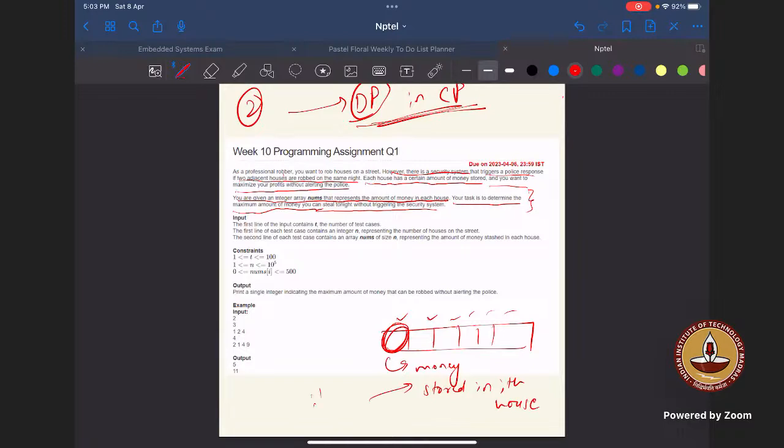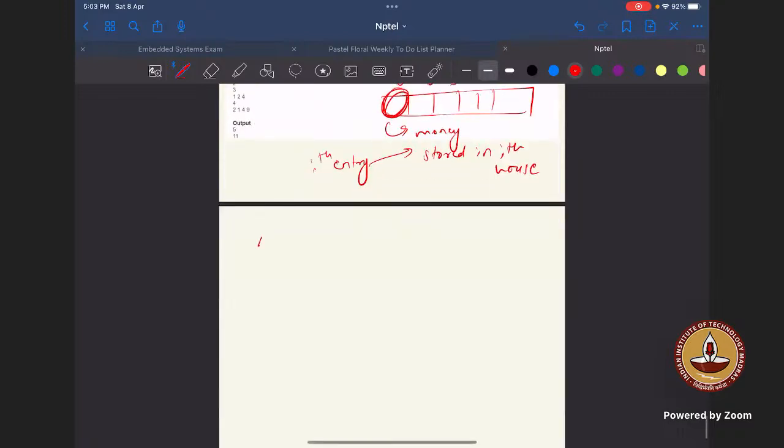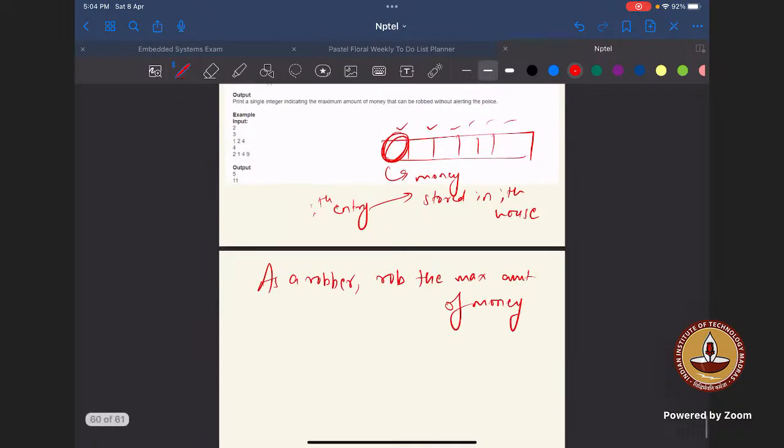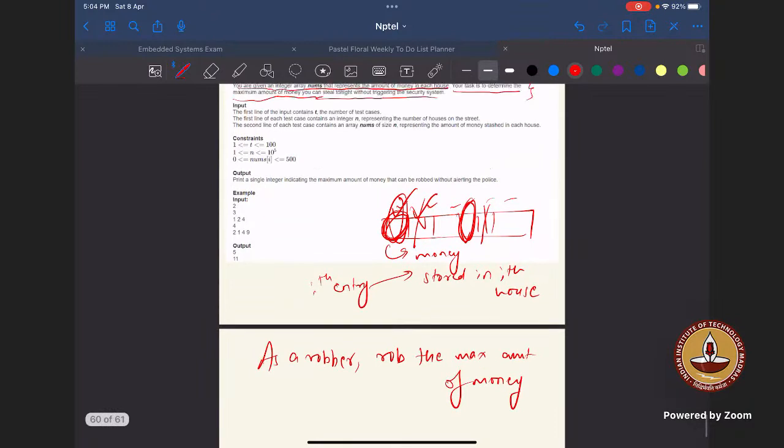The ith entry will represent this, and as a robber, your goal is to rob the maximum amount of money without alerting the police. So you cannot rob from two adjacent houses. If you try to rob this house, you can't rob this house. So if you try to rob this house, you can't rob this house. So this needs to be kept in mind. This is the condition to solve this question.